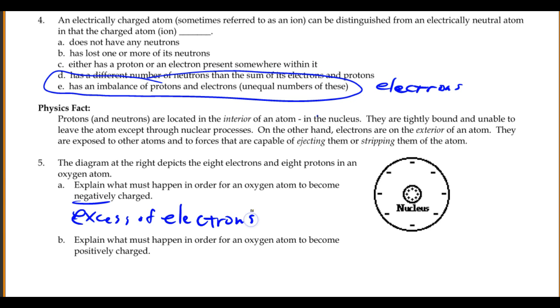Now, I can't get that excess by taking protons away. I can't reach into the nucleus and move protons. So the way I can do that is to bring in additional electrons from some source. Here I'd be a -3 ion compared to what I was before.